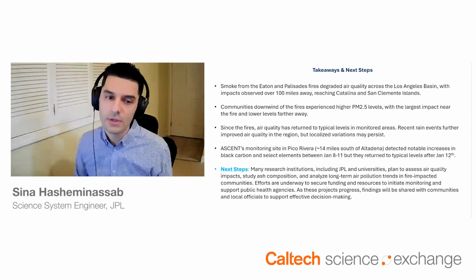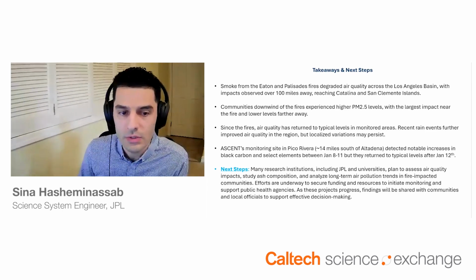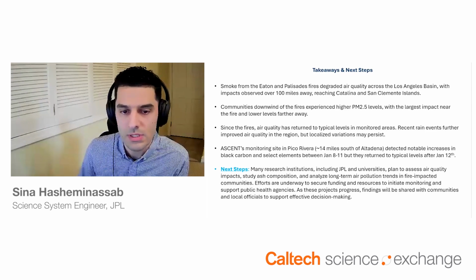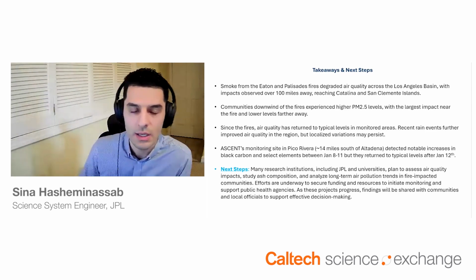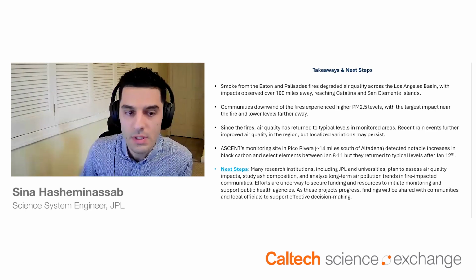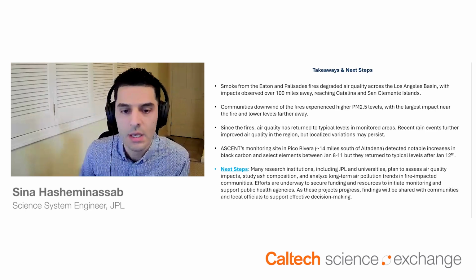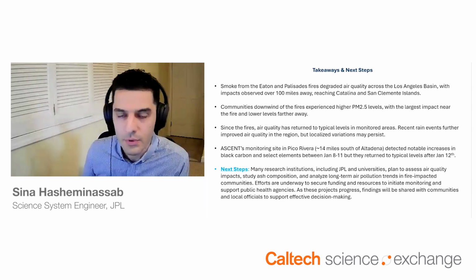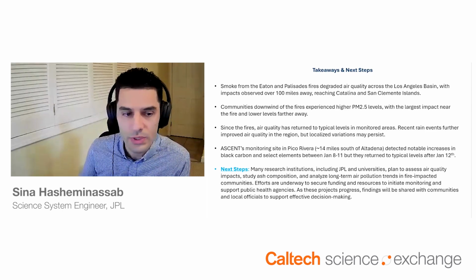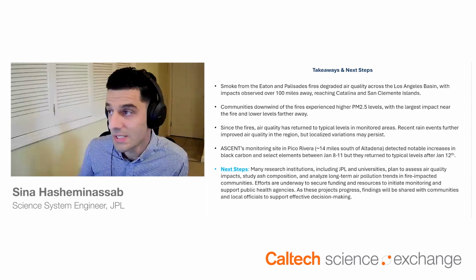We are aware of several efforts that are currently underway to secure funding and resources to initiate monitoring and support several public agencies. Once these projects initiate and as they progress, findings will be shared with the communities and, of course, with the local officials to support their decision-making.